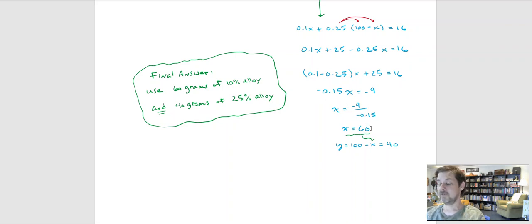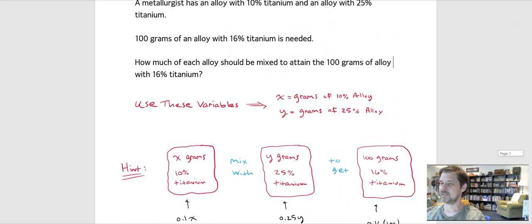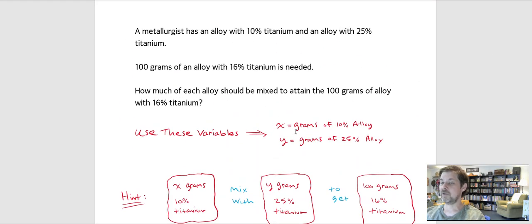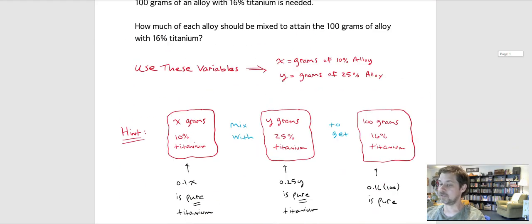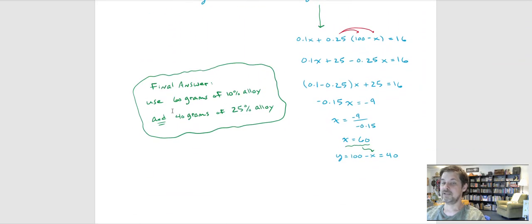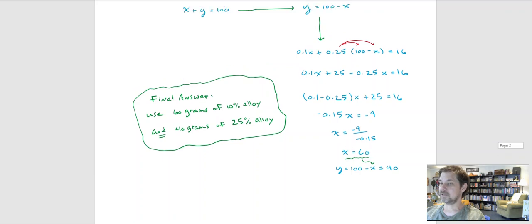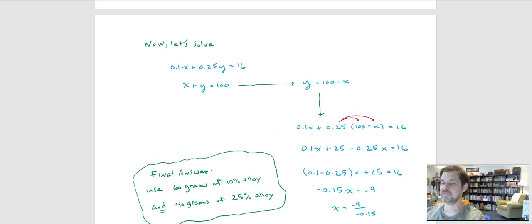What was the X? The X was however many grams of the 10% alloy I'm going to use. So I want to use 60 grams of the 10% alloy. I'd state my final answer like that. How much of the other one? Well, the other one was Y. If I know X, I have to look back in my equations for an easy way to find Y. Any equation that you see is fair game.